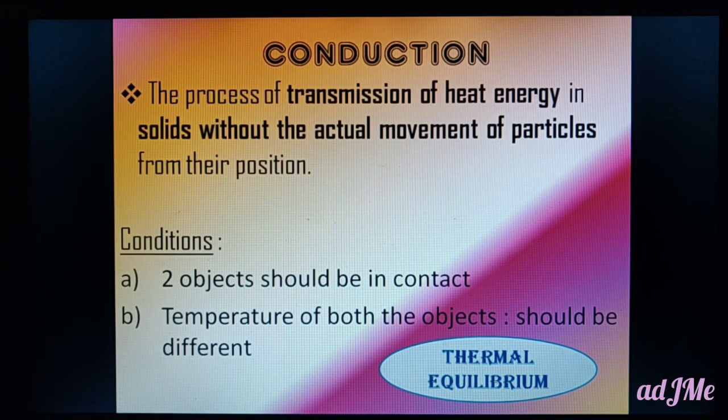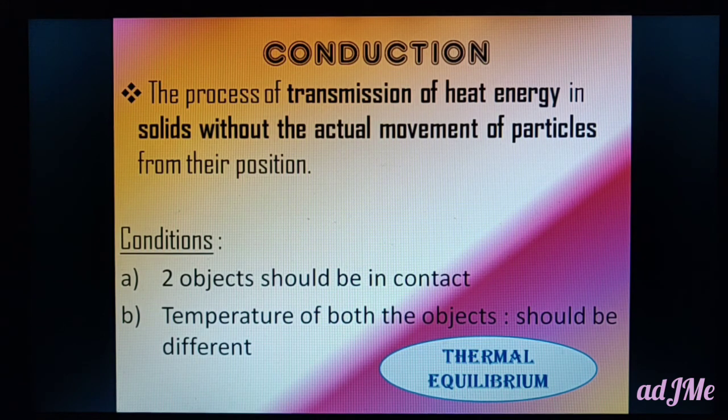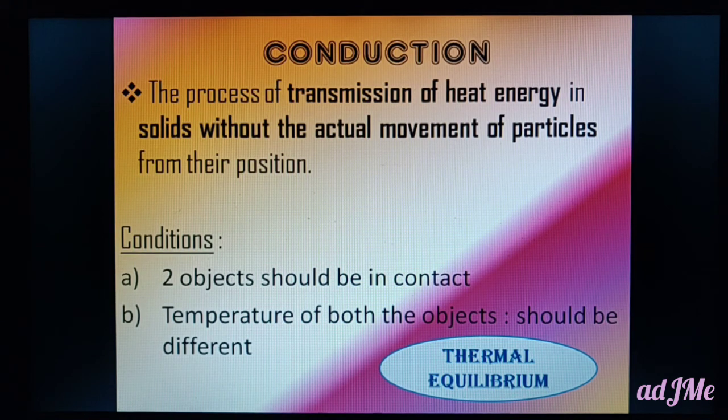So one thing you have to keep in mind, you have learned in 6th standard that solids, liquids, gases are the three states of matter. In solids, the particles are closely packed. Secondly, in liquids, the particles are loosely packed, and in gas the particles are far away from each other. So this you have to keep in mind.